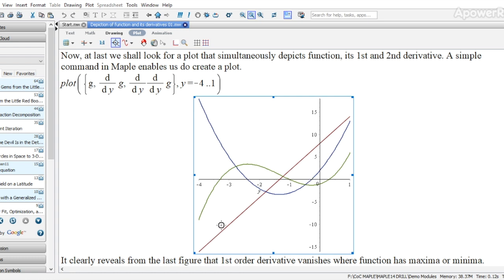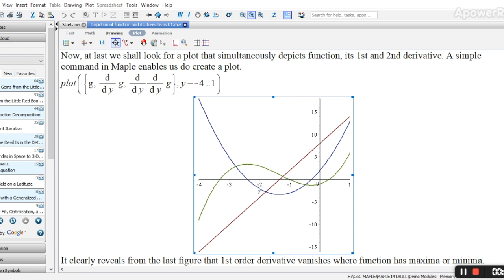The second order derivative is the line which shows negative value at the point where we have maxima, and at the point where the function has minima, the straight line has positive value.